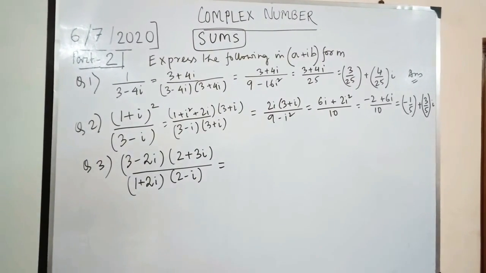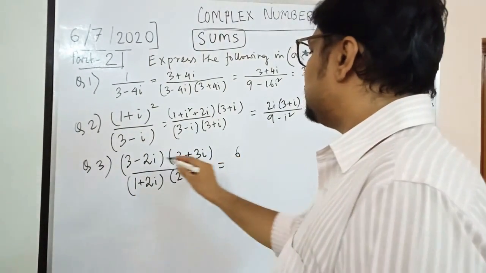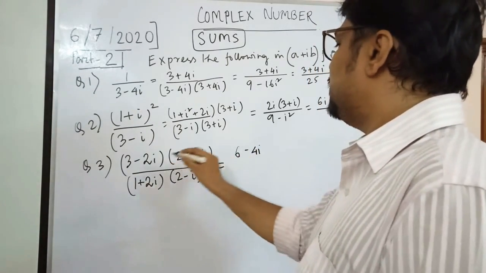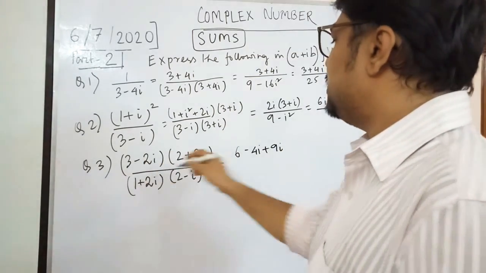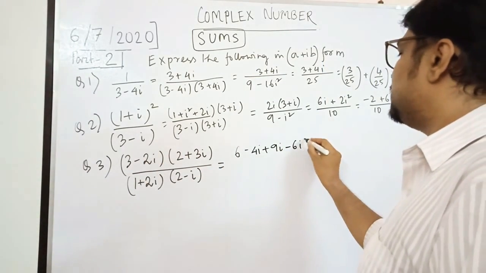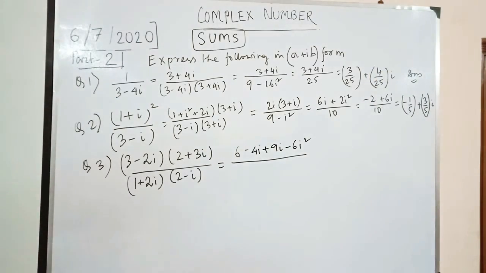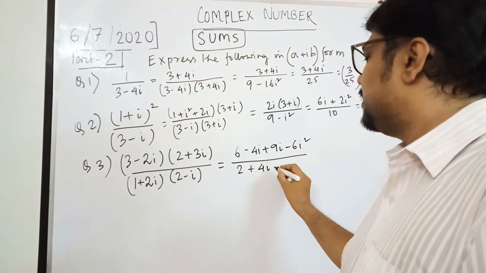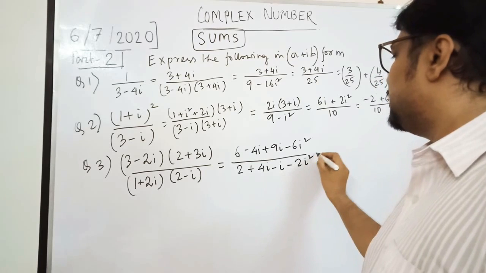So next I have written another sum over here. First let us multiply this. So I get 6, then minus 4i, then plus 9i and minus 6i square. The denominator also you multiply, you will get 2, then 4i, then minus i, minus 2i square.